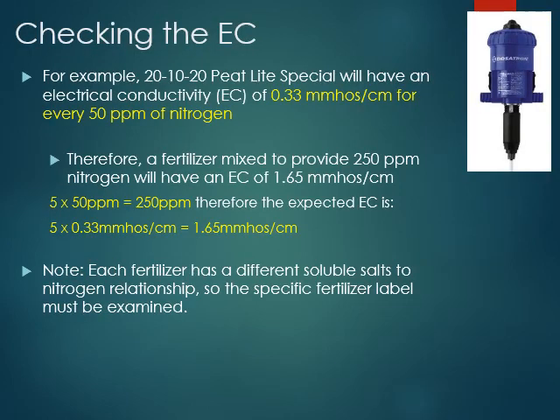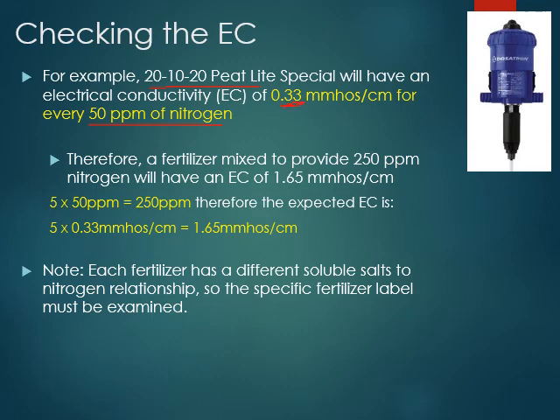So for example, with 20-10-20 Peat-Lite fertilizer, we know you should have 0.33 EC for every 50 ppm of nitrogen. Okay, so that means that for every 50 ppm, we need to see 0.33 on our EC meter, assuming it's calibrated, right? And you've also subtracted the EC in the water going in. Remember that.